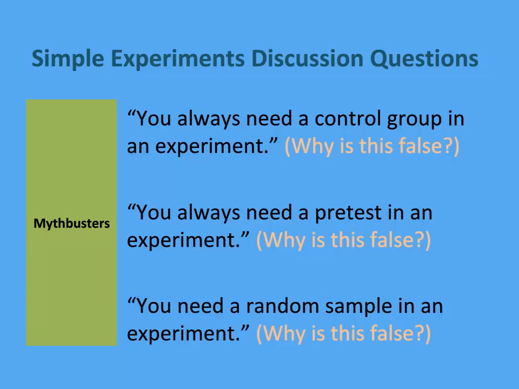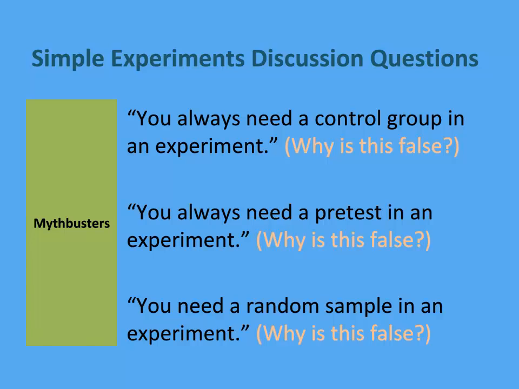So it's very unlikely that all of the females would end up in one group, males in another group, or all of the really high IQ people in one group, low IQ in another. All of those kinds of differences should wash out with your random assignment. In those kinds of cases, you wouldn't necessarily need a pretest. Pretests can be very useful in certain circumstances, but you don't always need them.